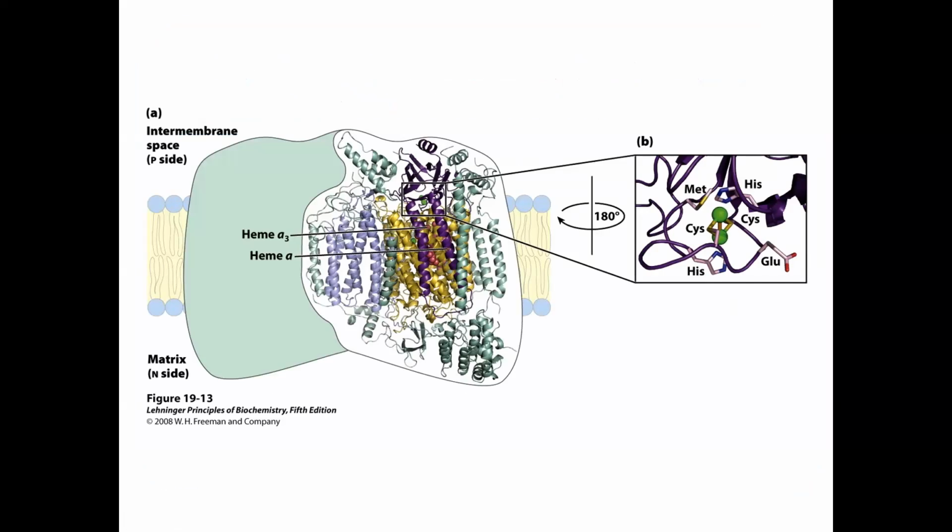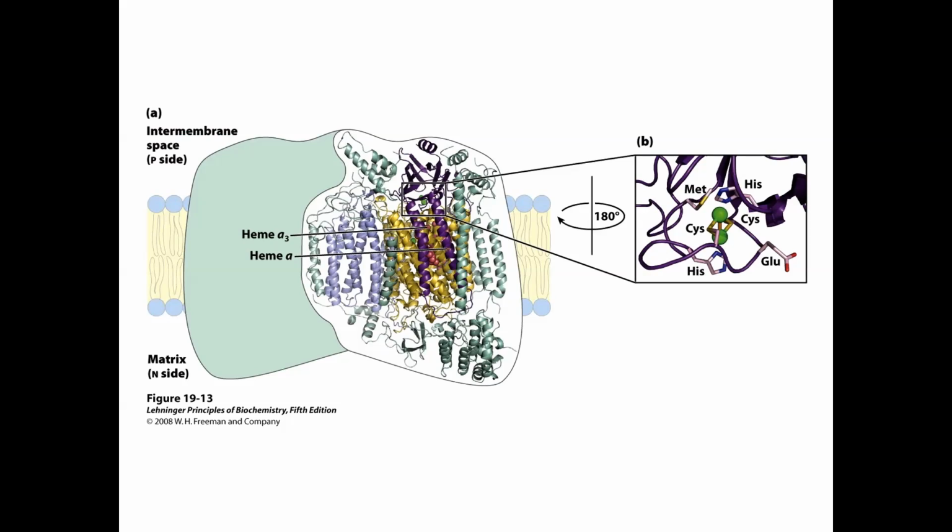And complex 4 is the cytochrome oxidase. This contains 3 atoms of copper and 2 A-type cytochromes. Has a cytochrome A3.